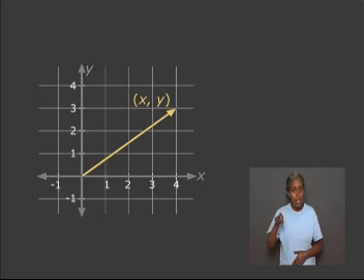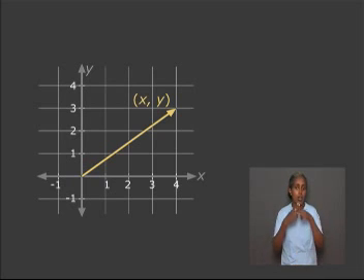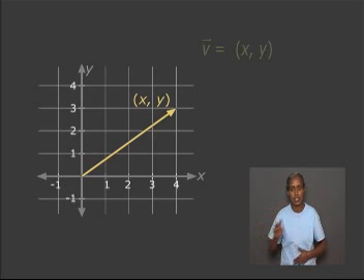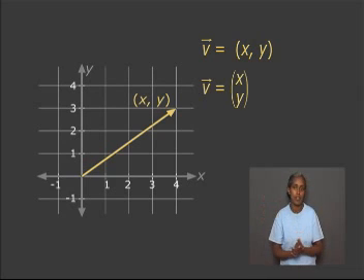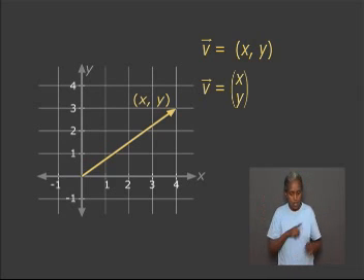X and y are called the components or the coordinates of v. The coordinate form of v is expressed this way. We could also write it as a column vector like this.